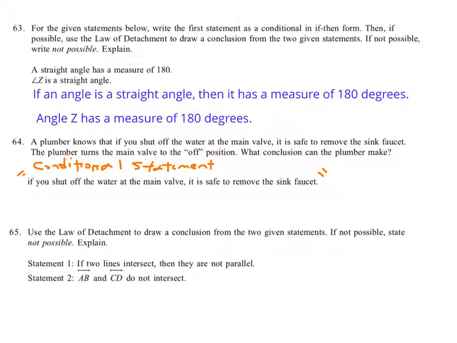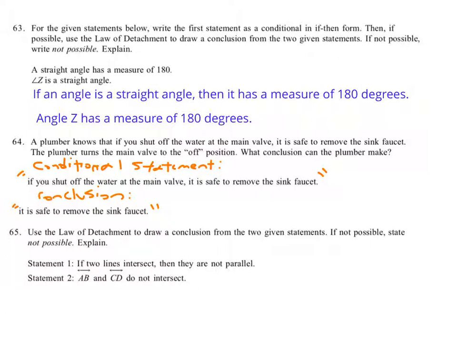We can conclude that it is safe to remove the sink faucet. And I'm going to put that as the conclusion that we can make.